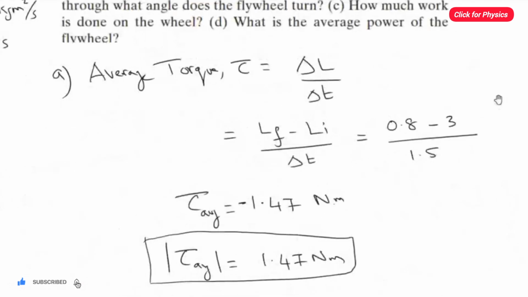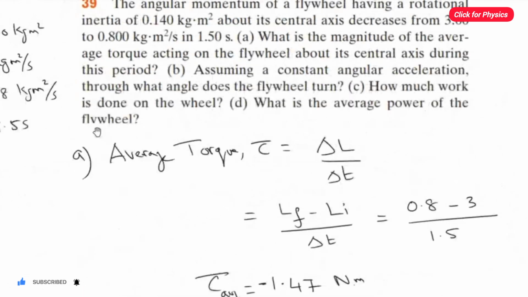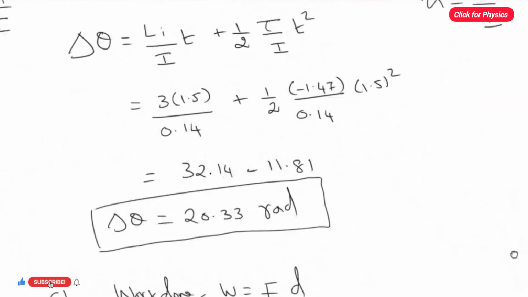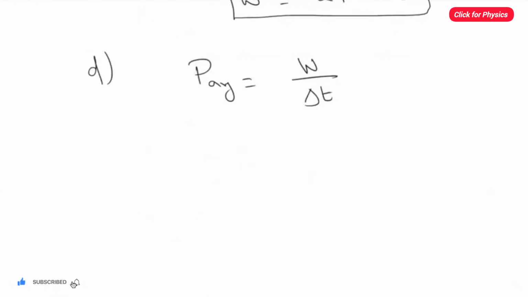You can see in the third part, how much work is done on the wheel. If it is by the wheel, positive. On the wheel means negative. So you have to read the question very carefully. In place of work done, I can just use the sign minus here. Why minus? Because work done by the wheel means positive, and on the wheel means negative work done. So I have to use negative here.